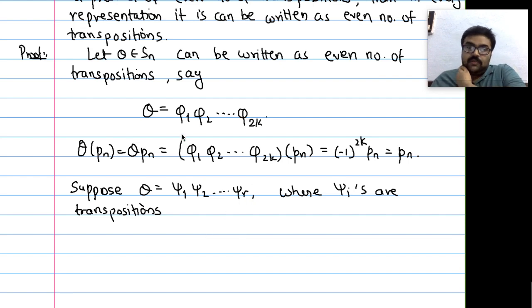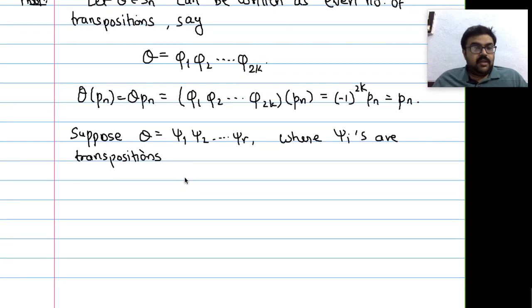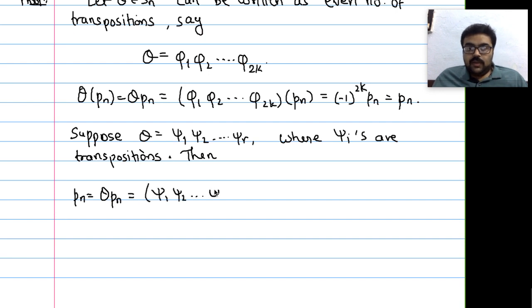So this is one representation where we have an even number of transpositions, and in any other representation, psi 1, psi 2, psi r, we have to show that r is even. Again, we know theta Pn is Pn. So Pn can be written as theta Pn, which is psi 1, psi 2, psi r applied on Pn.